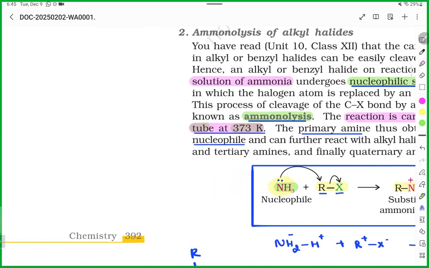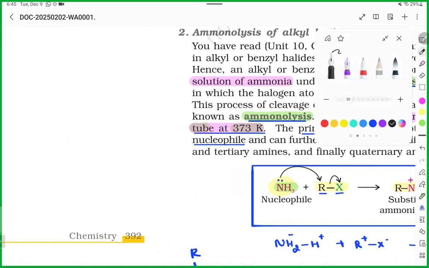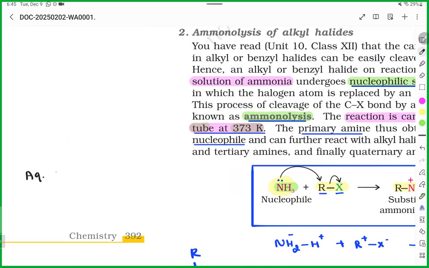Normally, whenever we take aqueous form, we get substitution. KOH reacts with RX, what will happen? You will form ROH and KX, correct?